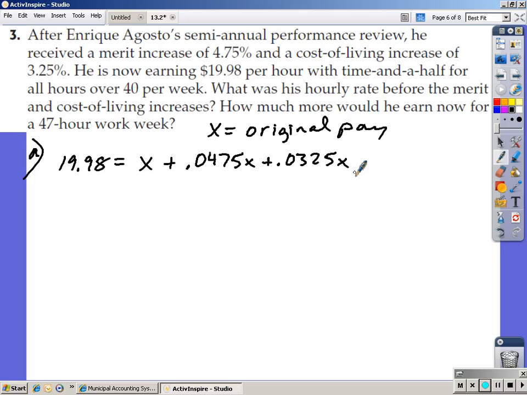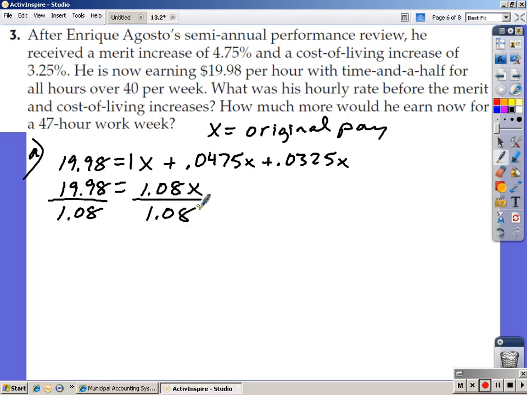Okay, again, this has an understood 1 in front of it. Add those up. You get 19.98 equals 1.08X. Divide both sides by 1.08, and you end up with $18.50 is my original pay.